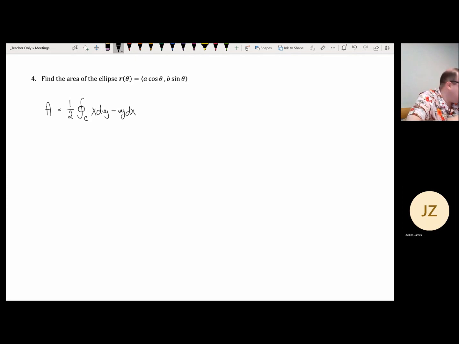All right, so remember, area is one half the circulation, x dy minus y dx. What would the parameter domain be?